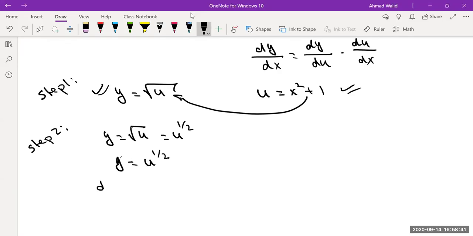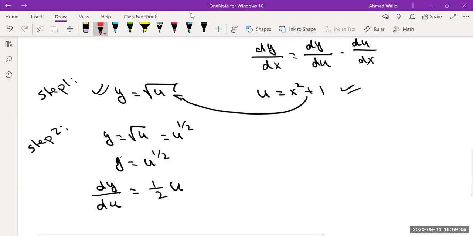If I ask you to find dy over du, because your variable is u, everyone knows how to take this derivative based on the exponent rule. 1/2 of u to the power, you subtract 1 from 1/2, right? Let me even show how you subtract 1 here. 1/2 minus 1 gives you negative 1/2. Am I right?